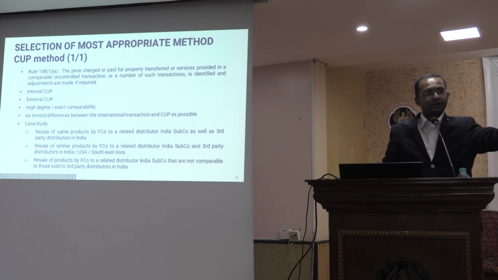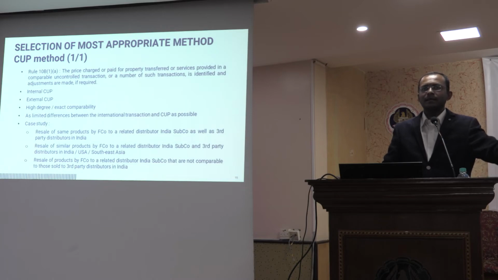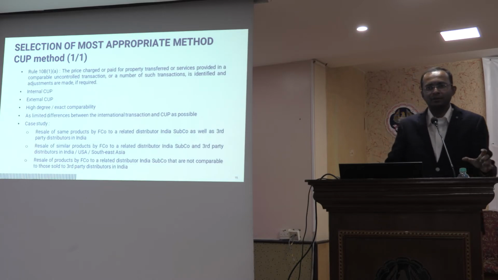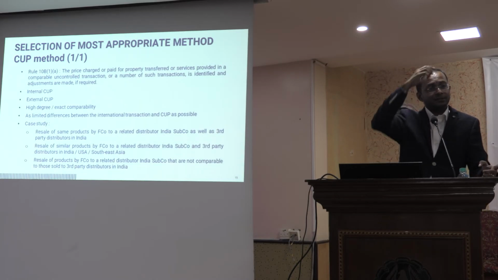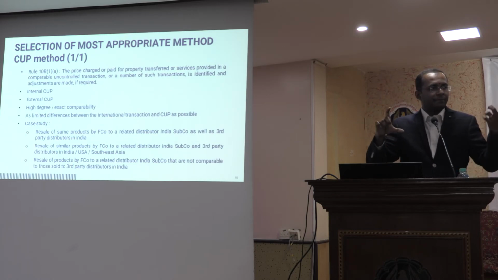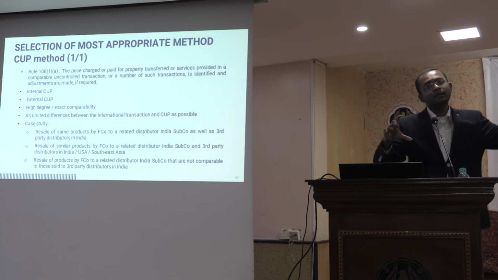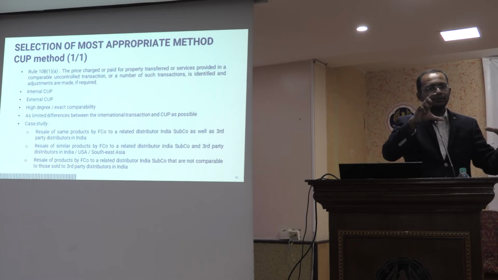And if the answer is yes, that becomes a CUP. If it has sold it to another unrelated entity, that itself becomes a CUP. And therefore, because we have the data that the manufacturer has sold similar products to an unrelated party, the price there itself becomes a comparable uncontrolled price. So therefore, if say it has sold the rocker arms to the US parent at say $100 apiece, but if it has sold the same rocker arms to that unrelated party at $130, $100 here related party, $130 there.